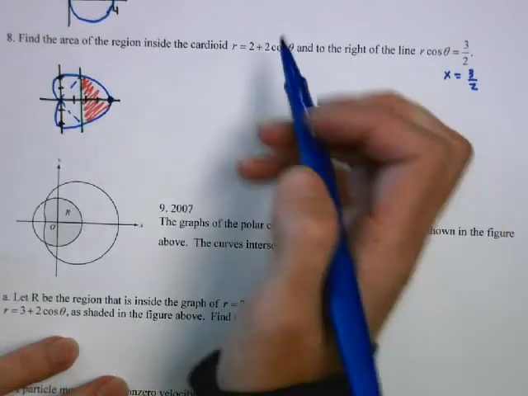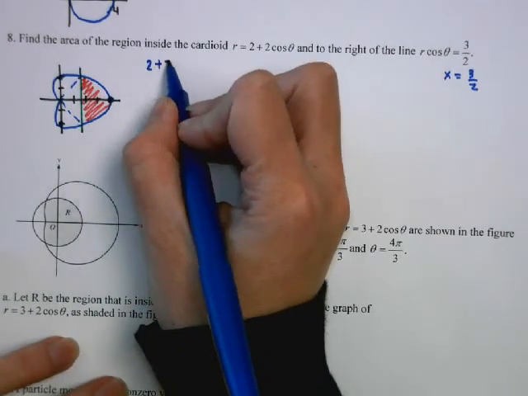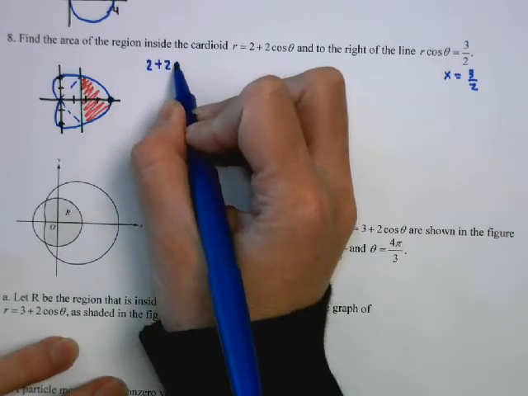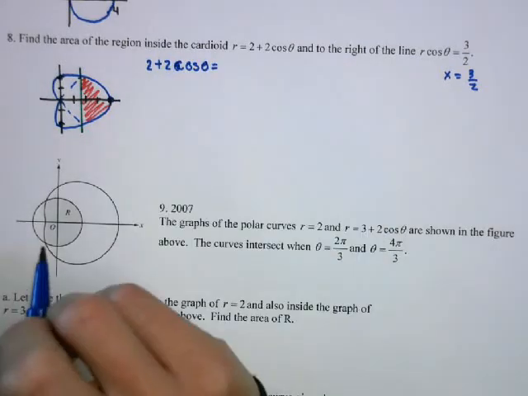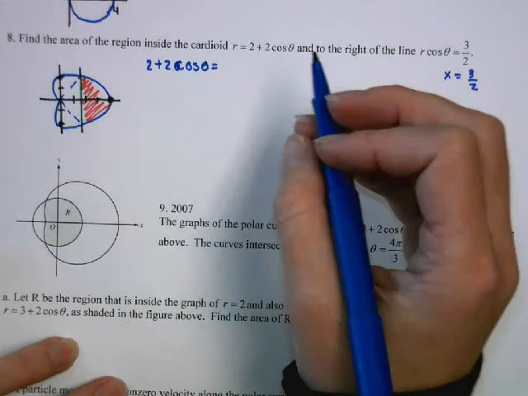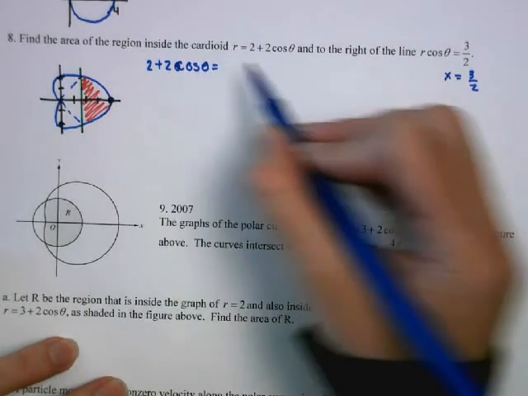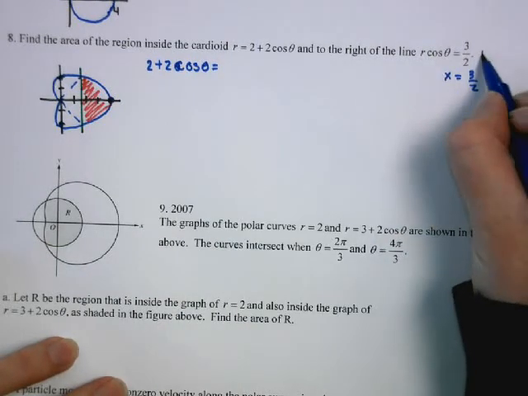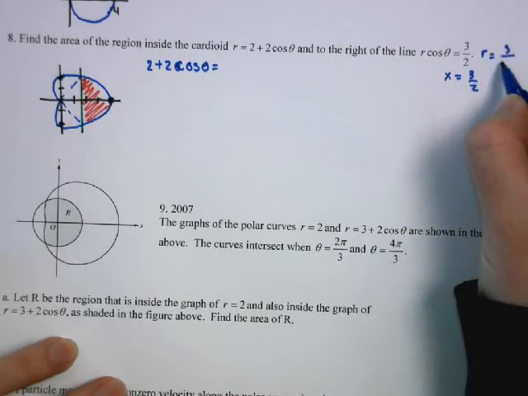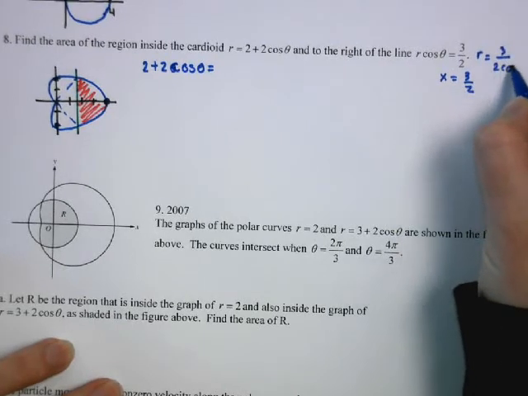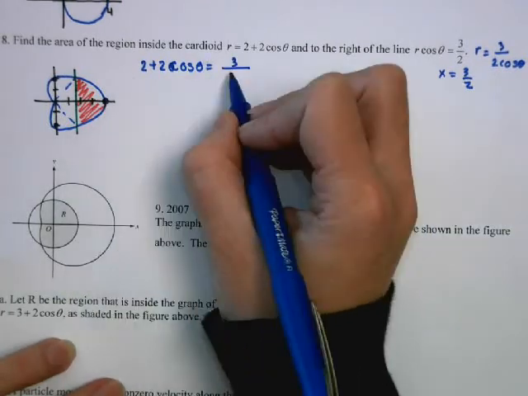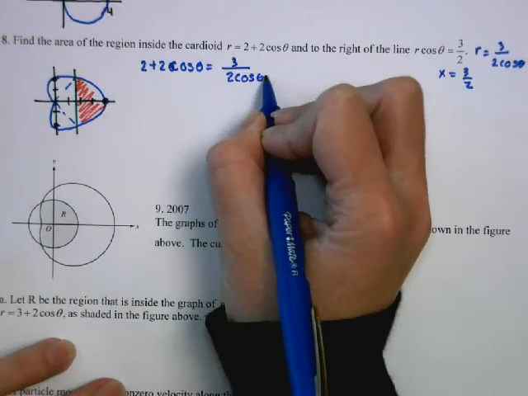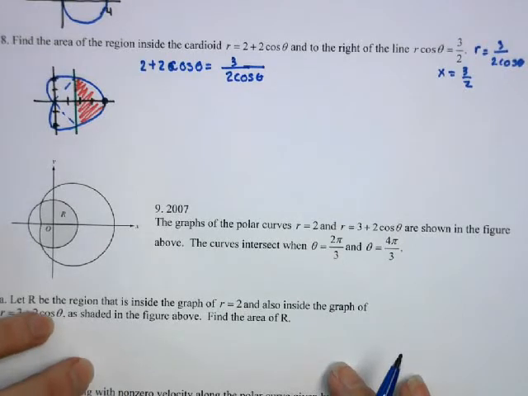So I'm going to set 2 plus 2 cosine theta equal to, if I solve this for r, 3 over 2 cosine theta, and we're going to solve this equation.